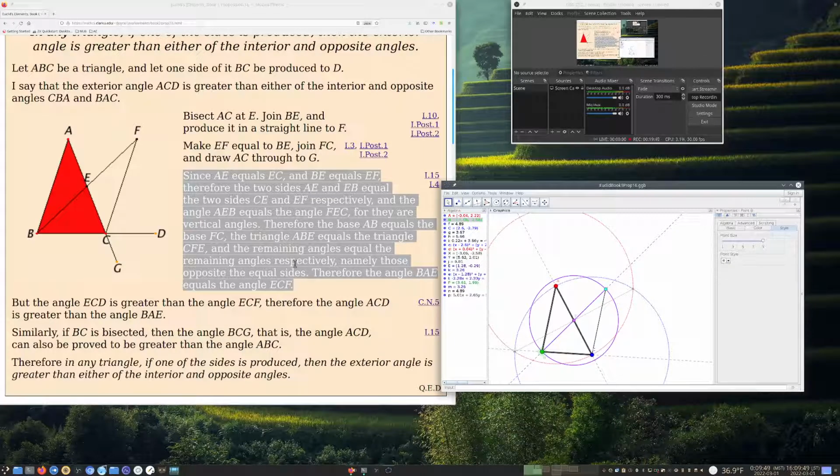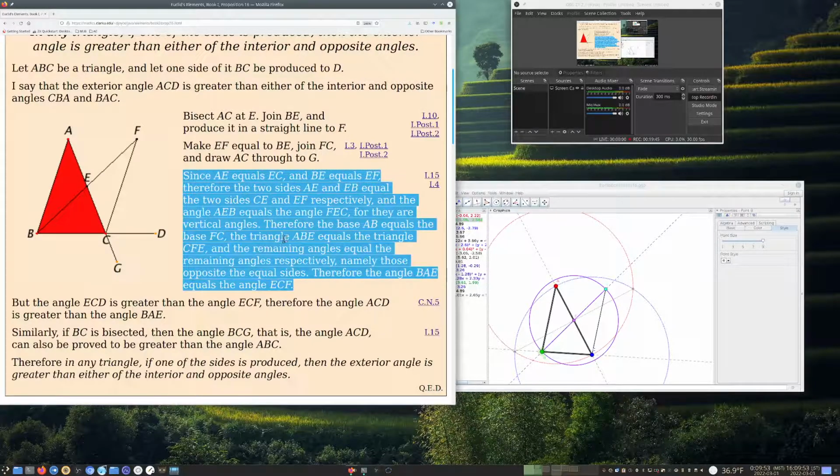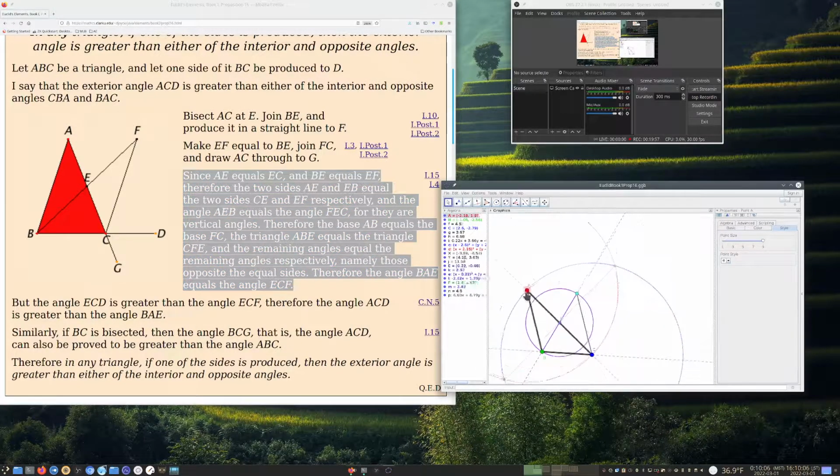The angle BAE and the remaining angles equal the remaining angles respectively, namely those opposite the equal sides. So therefore the angle BAE equals the angle ECF. So let's make this a really, yeah, so BAE equals ECF, correct?